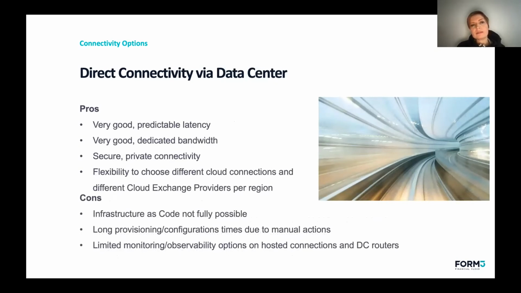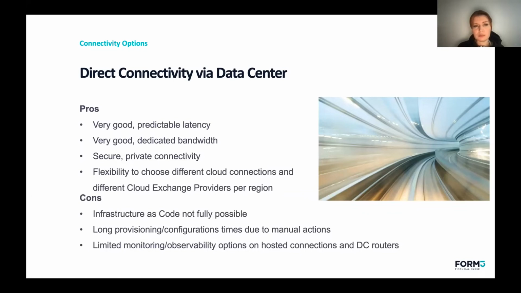So then we investigated and tested our direct connectivity option via a data center. Obviously, this one had very good predictable latency, under 5 milliseconds, together with good dedicated bandwidth.